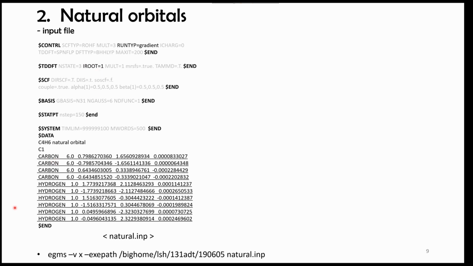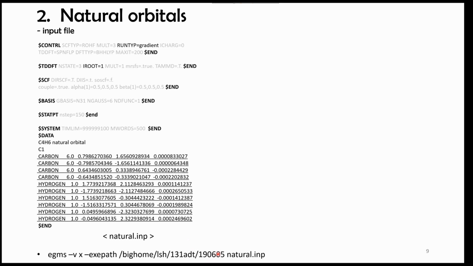I gave the optimized structure, and actually this natural orbital calculation is only implemented in this path. I checked, and GAMESS doesn't have this, so I will create one for you. A simple script.